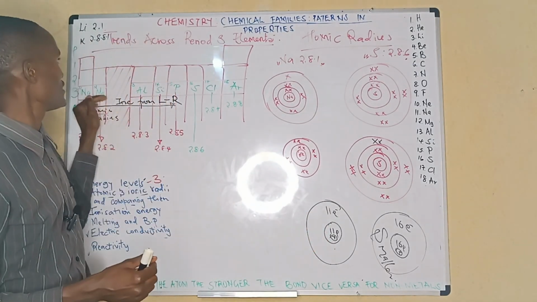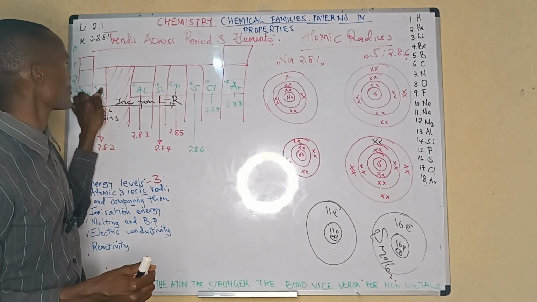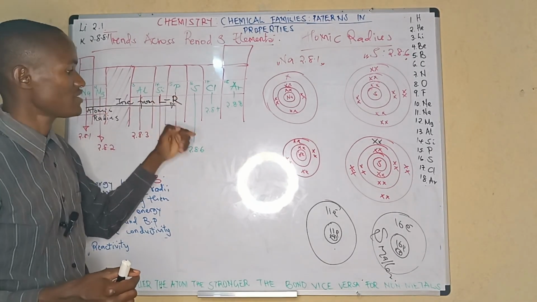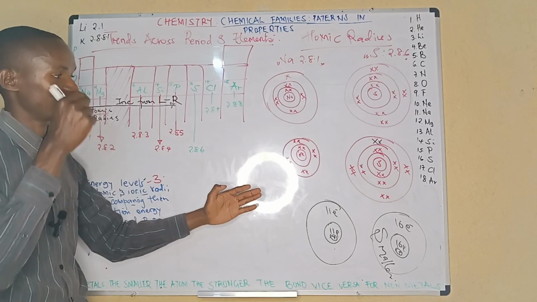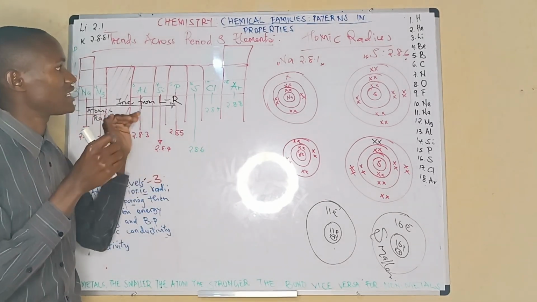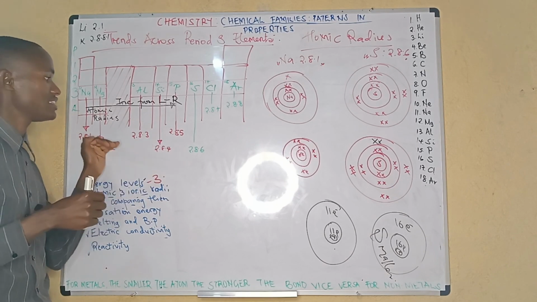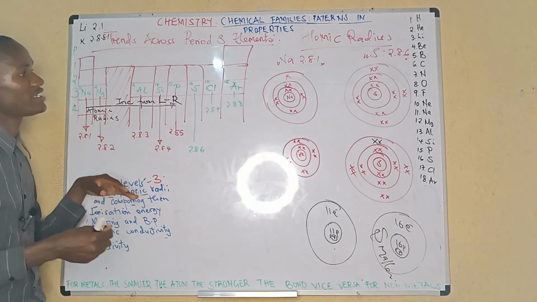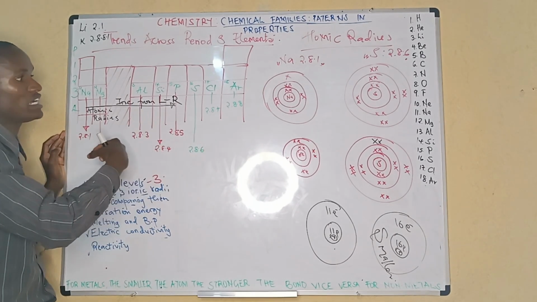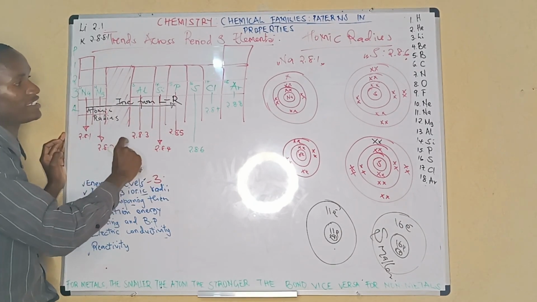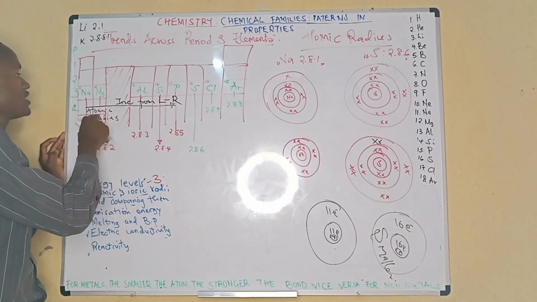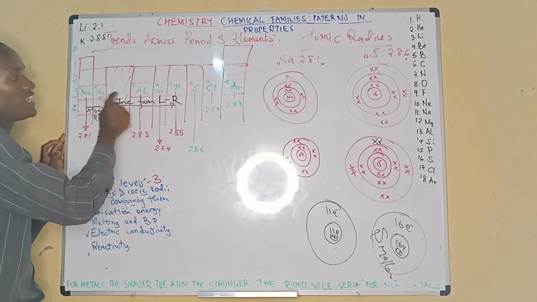Yes, we don't deny that electrons are increasing, but since they are increasing in the very last energy level, the third one in each, they are pulled more because the number of protons is also increasing. So the atomic radius increases from left to right.